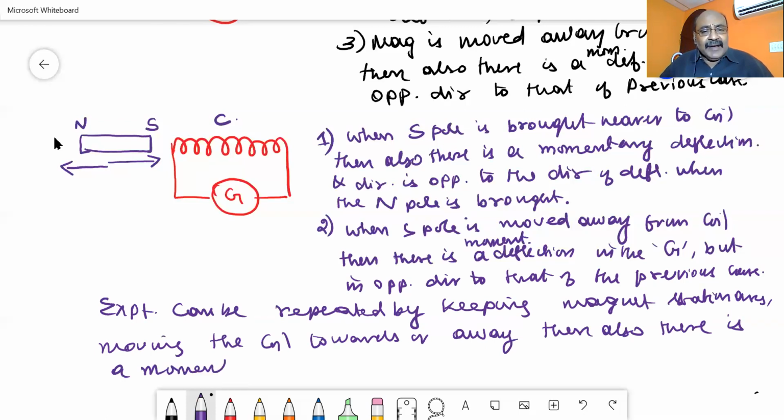When the coil is moved towards the magnet, the momentary deflection will be on one side. If it is taken out, the momentary deflection will be on the other side.